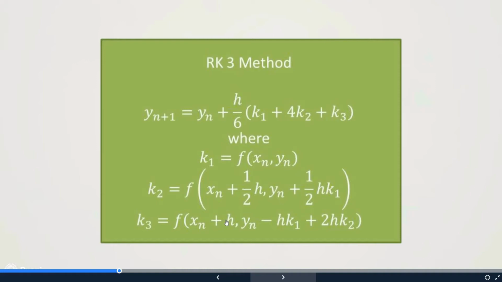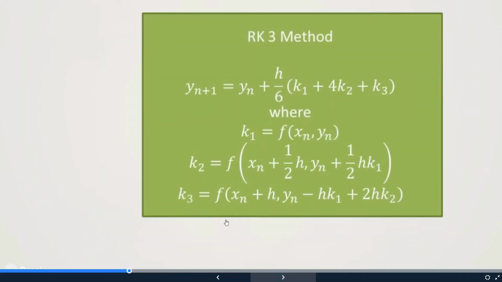It is similar to Heun's method: y_{n+1} equals y_n plus h over 6 times (k1 plus 4 k2 plus k3), where k1 and k2 are the same as the previous one, while k3 is f(x_n plus h, y_n minus h k1 plus 2h k2).